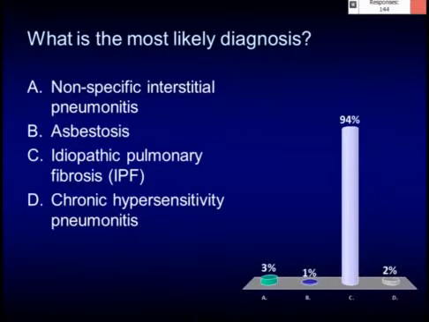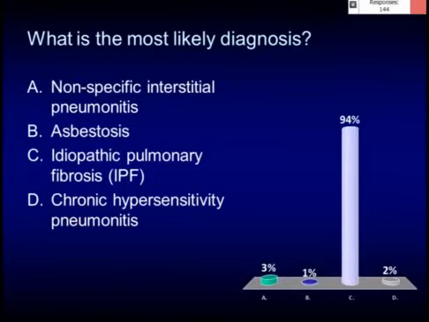Great, 94. So you guys all have this down. Session's over. Although only 1% selected it, just to recognize that asbestosis could have very similar features. I mean, what are we seeing here?